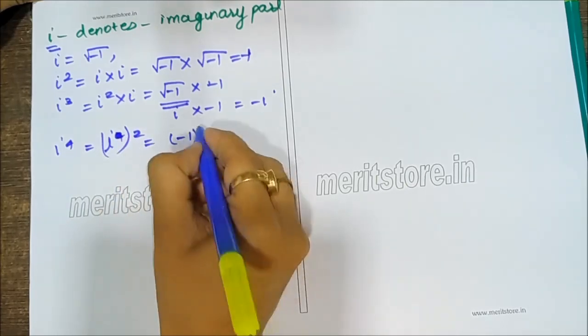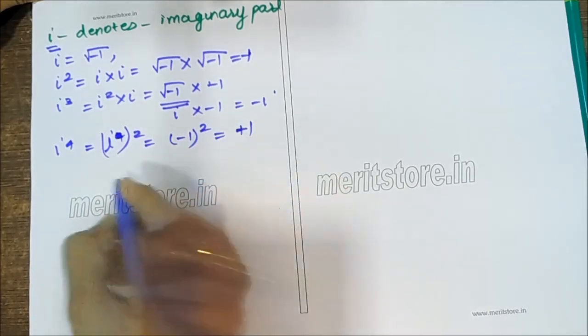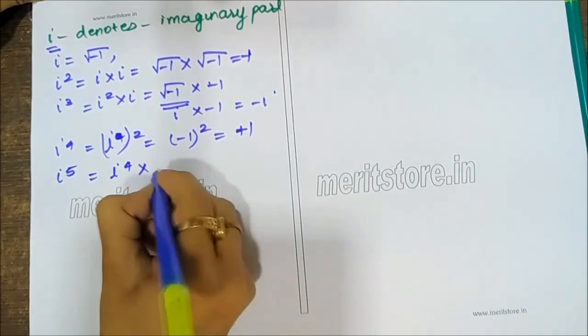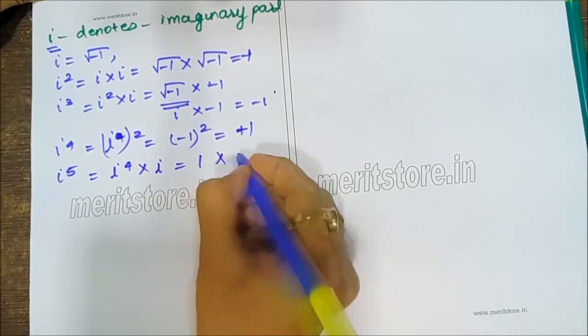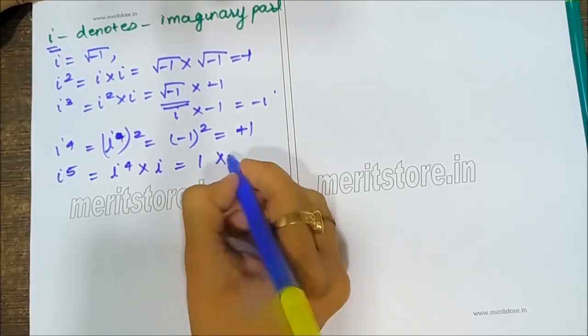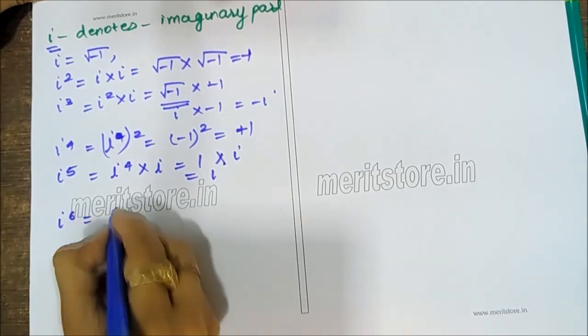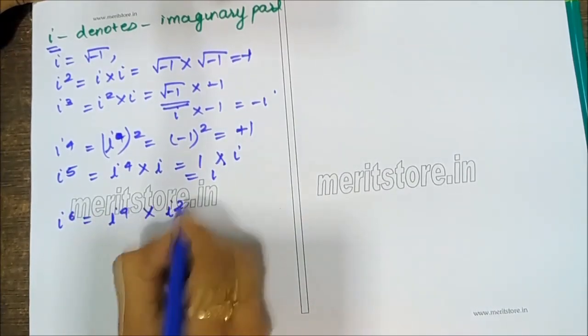So that is minus 1 square, that is positive 1. i raised to 5 is i raised to 4 into i, that is 1 into i, that is i. i raised to 6 is i raised to 4 into i square.